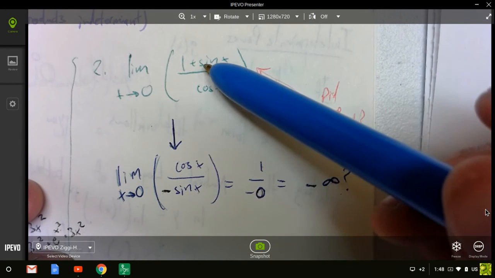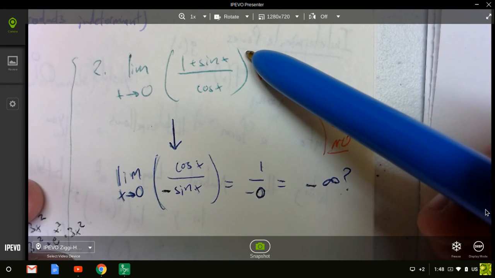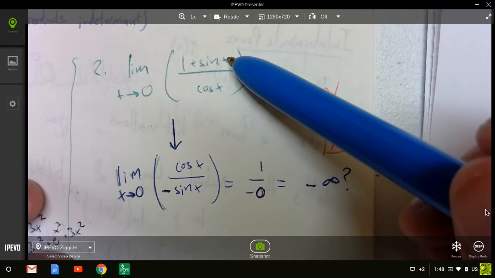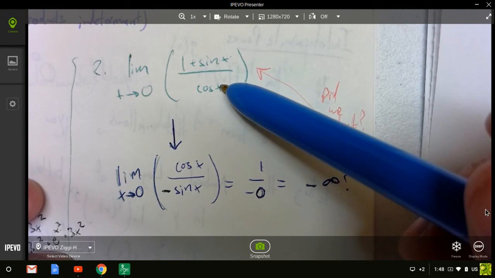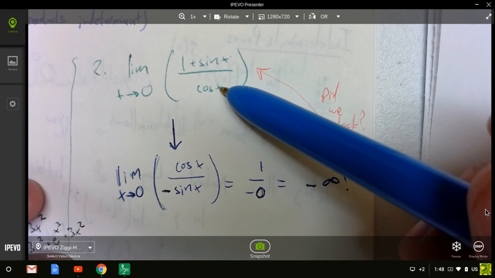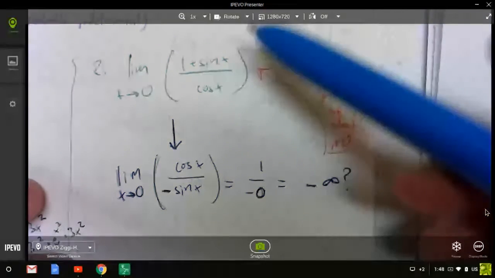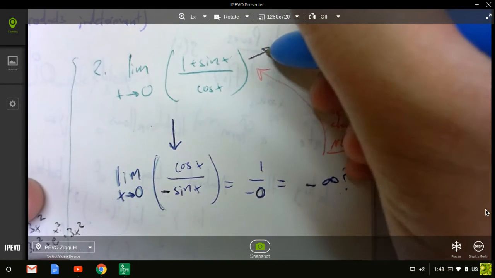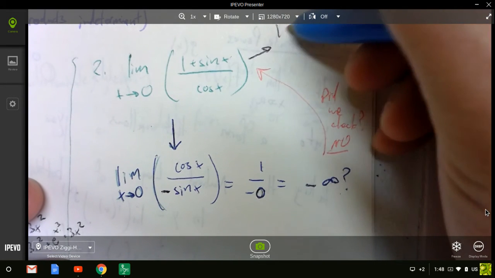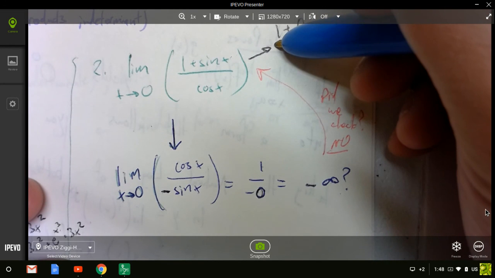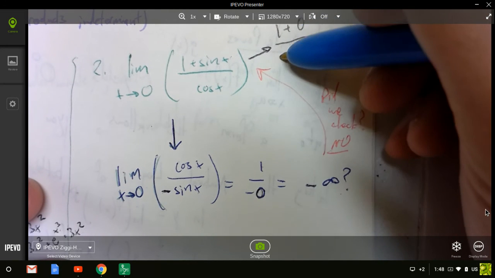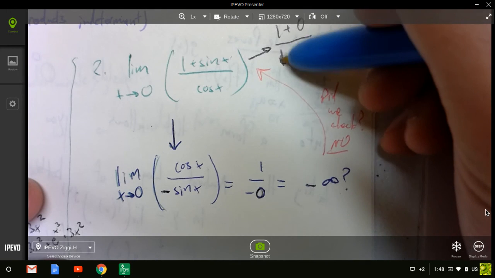I believe 1 plus the sine of 0 is just 0, and then cosine of 0, I believe, is 1. So it'd be 1 plus 0, basically the sine of 0 is 0, over cosine of 0, which is just 1.